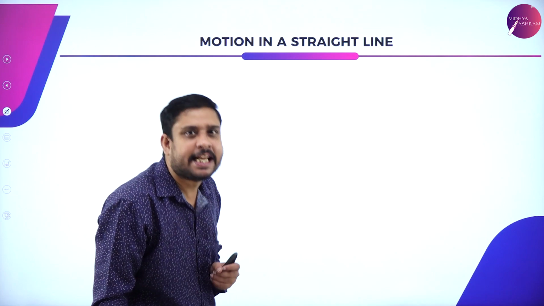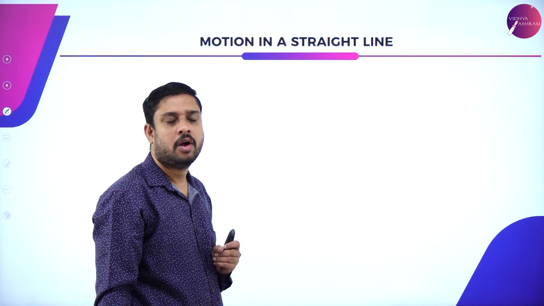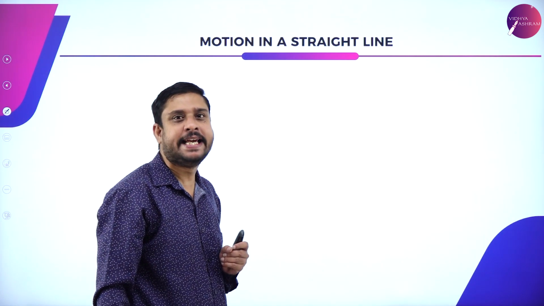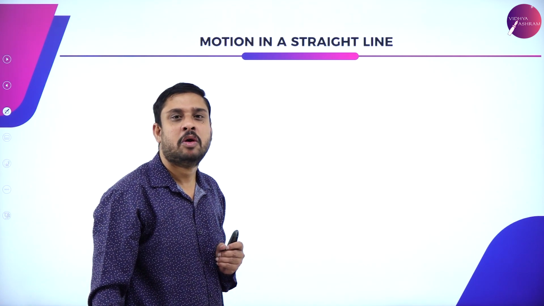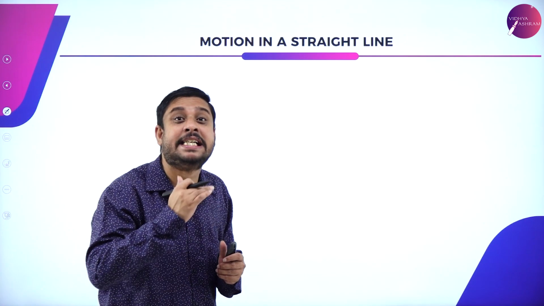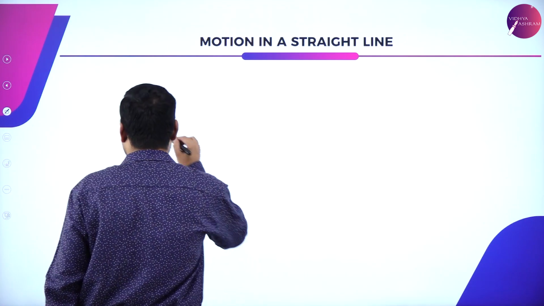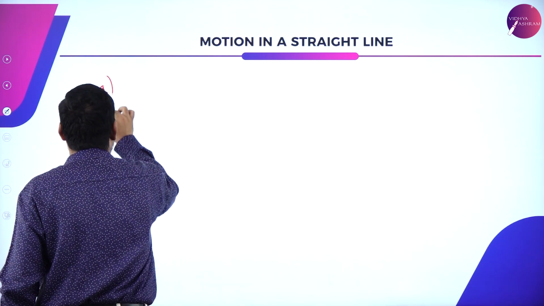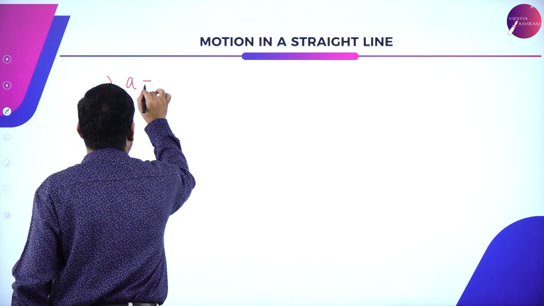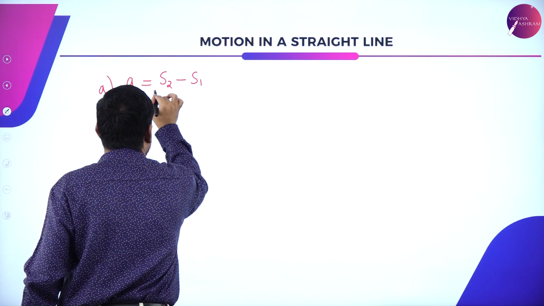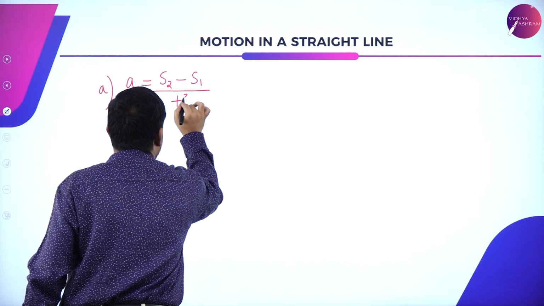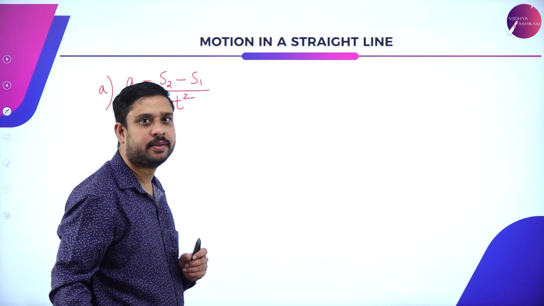The acceleration of any body exhibiting successive interval motion, please do keep in mind, is given by (s2 minus s1) divided by t square.